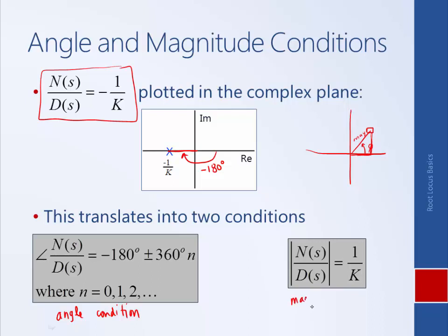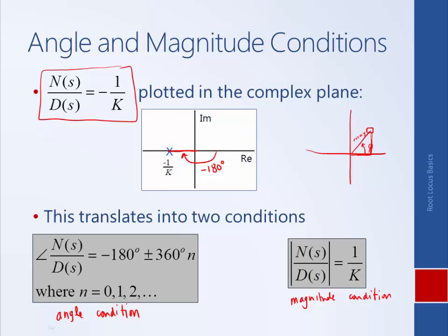So we call this the magnitude condition. Okay. Where the magnitude of the left-hand side for some value of s needs to equal the magnitude of the right-hand side, where the magnitude of the right-hand side is just 1 over k. These two conditions form the basis of all of the rules that we will develop for drawing the root locus.